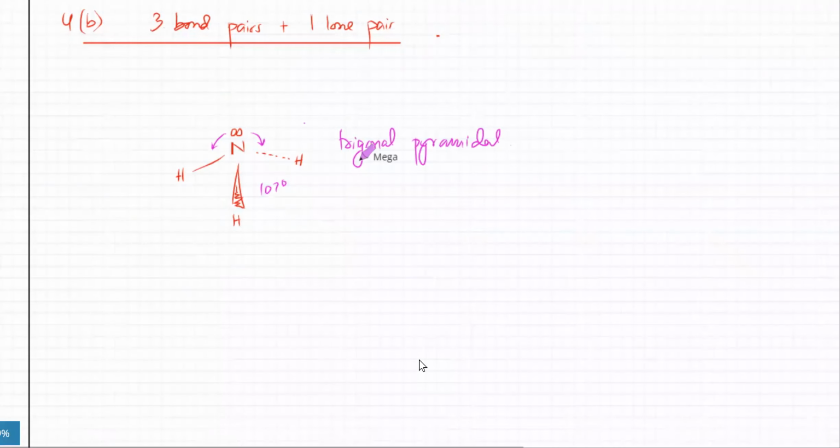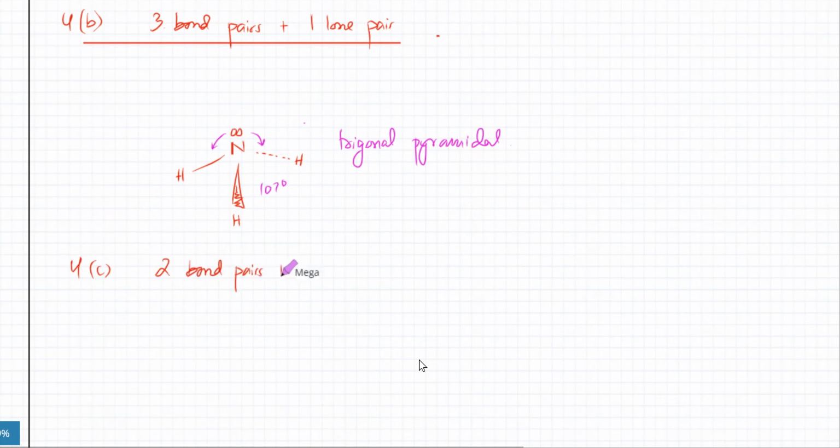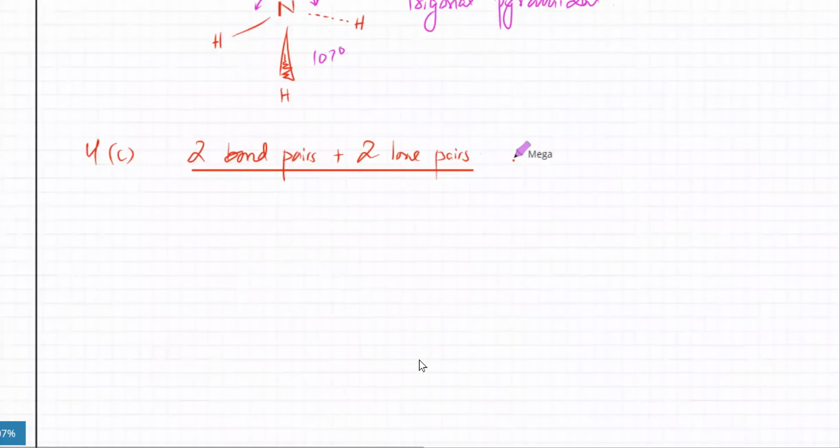Here we can do 4 part C, which is another variation for the same. So in this one, you'll have 2 bond pairs and 2 lone pairs. In this, the water molecule is the main example.